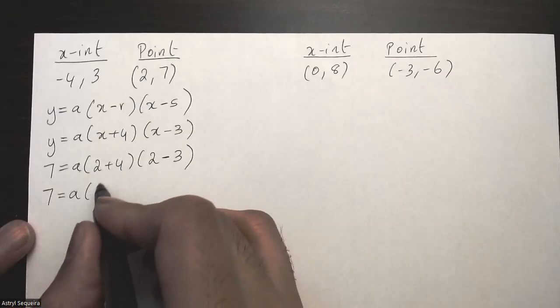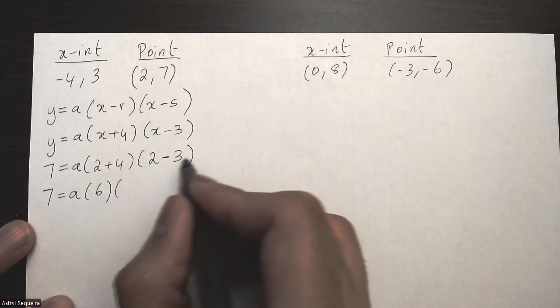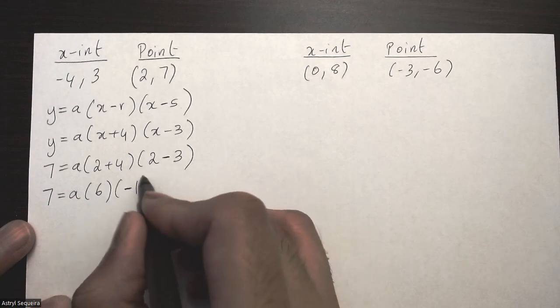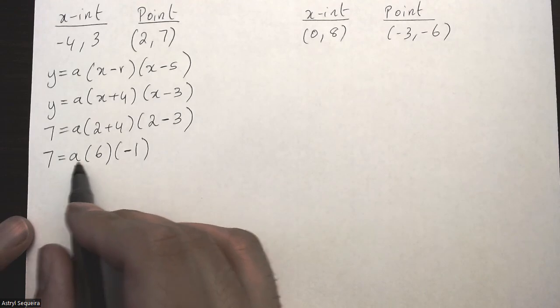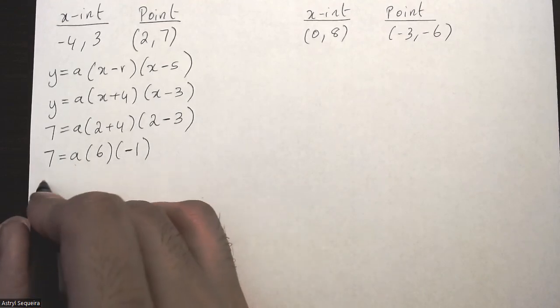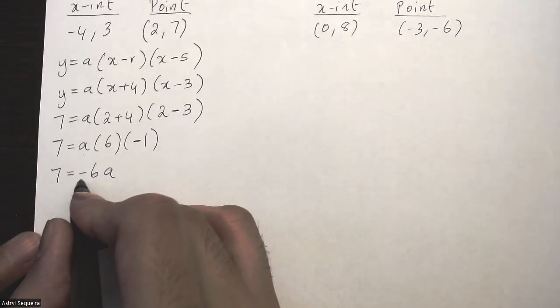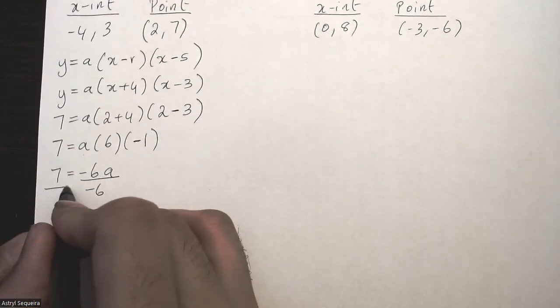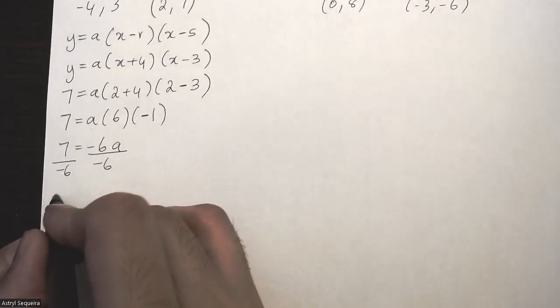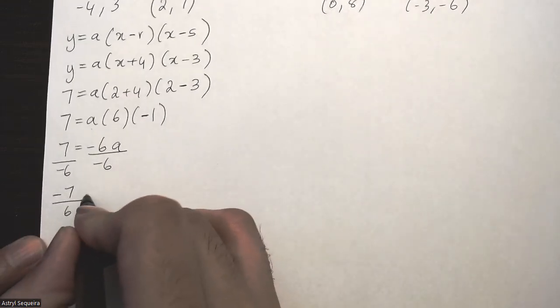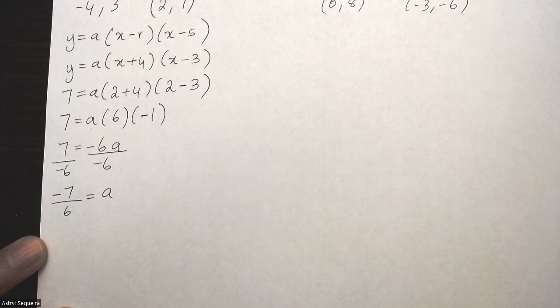So 2 plus 4 is 6, and 2 minus 3 is -1. Then a times 6 times -1 is just -6a. Then I'll divide both sides by -6 to isolate a. So -7/6 is just my a value.